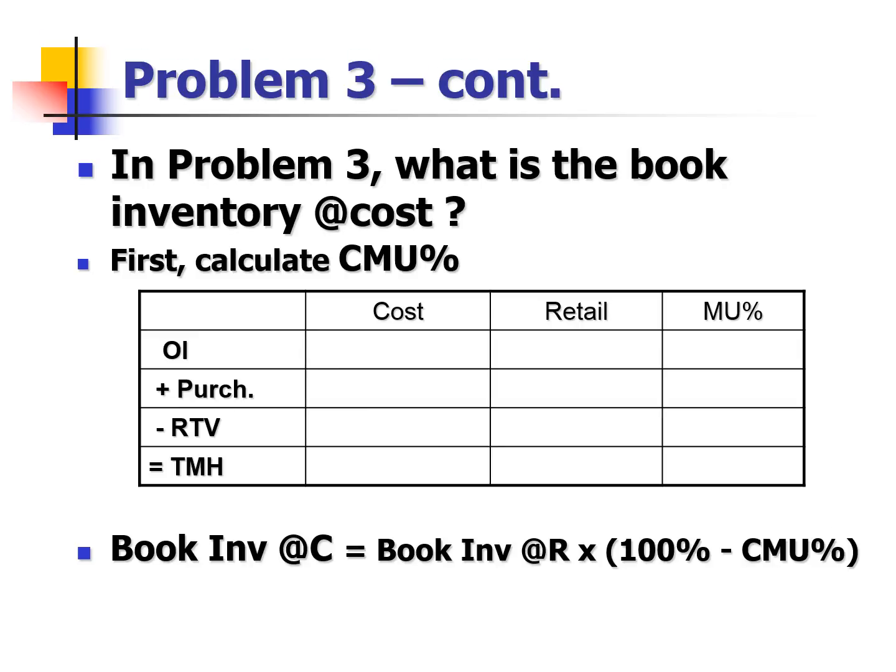So we need to know the cumulative markup percent, which is the markup percent for the total merchandise handled. And so what are the total merchandise handled? Okay, we had the opening inventory, we had the purchases, right? That's usually what's used for total merchandise handled. But in this case, we also had the returns to vendor. So some part of the merchandise went back to the vendor, so we no longer have them, right?